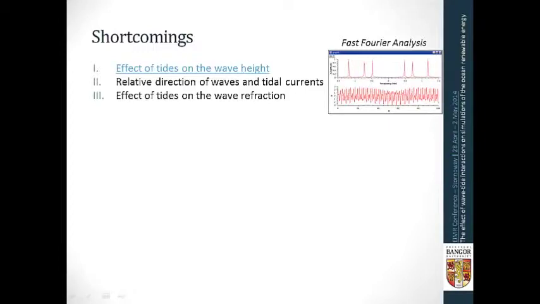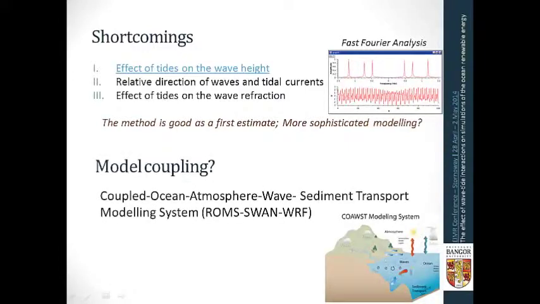So at the final stage, we used a sophisticated coupled wave-tide model in which the wave-current interactions are included inherently. This is the COAWST model, which is a combination of the SWAN, ROMS, and WRF models.